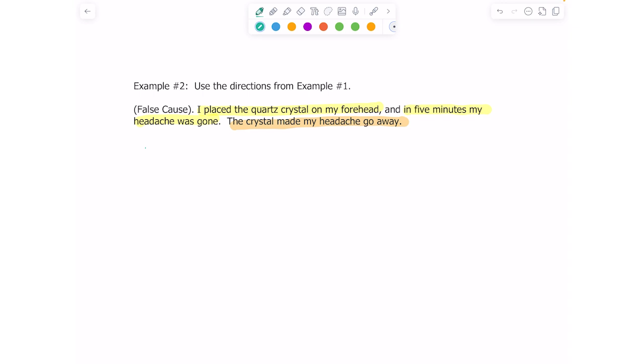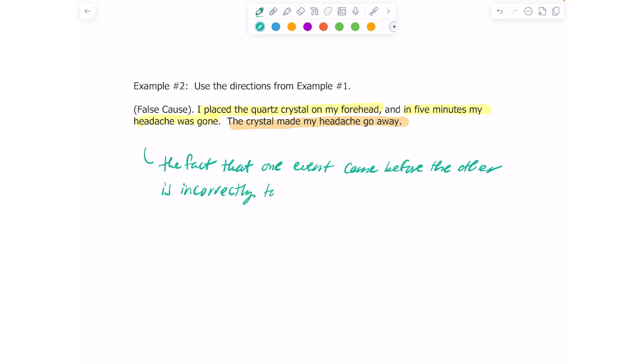So the fact that one event came before the other is incorrectly taken as evidence that the first event caused the second event.